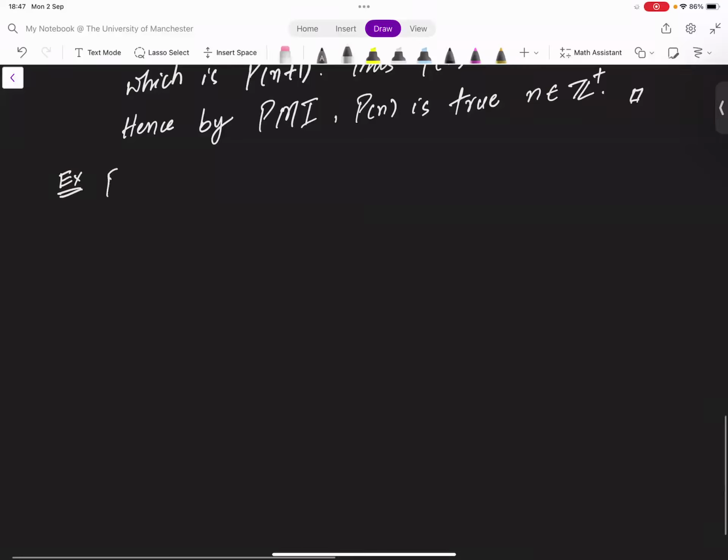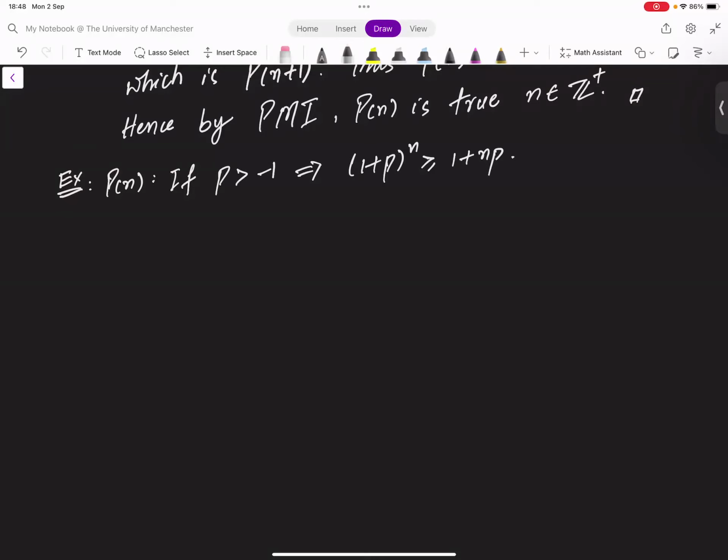The second statement says that for n a positive integer, P of n is the statement that if p is greater than -1, then 1 plus p power n is greater than or equal to 1 plus np. Okay, this is the statement we need to prove.